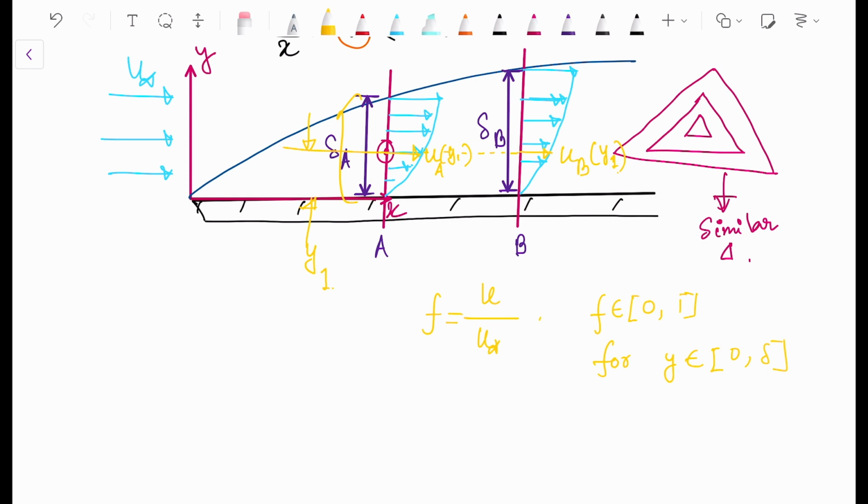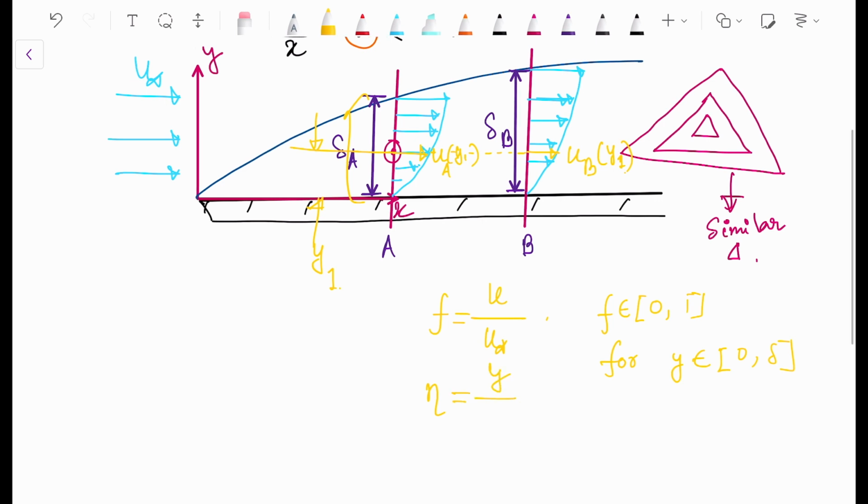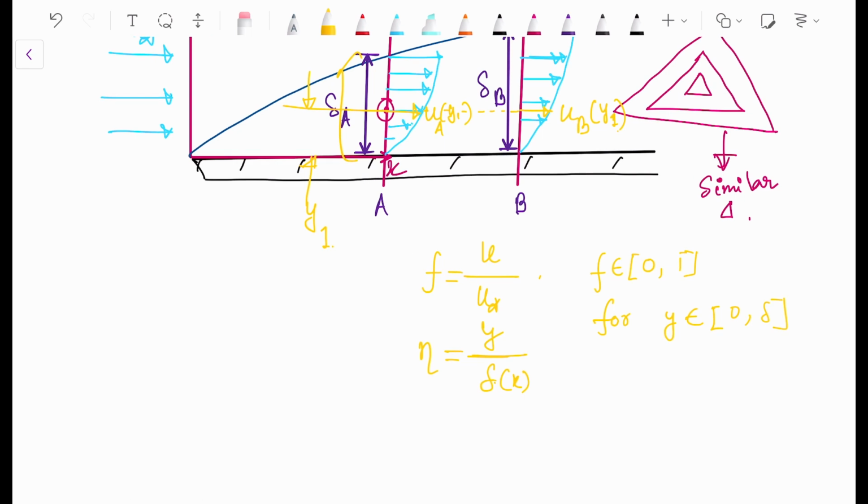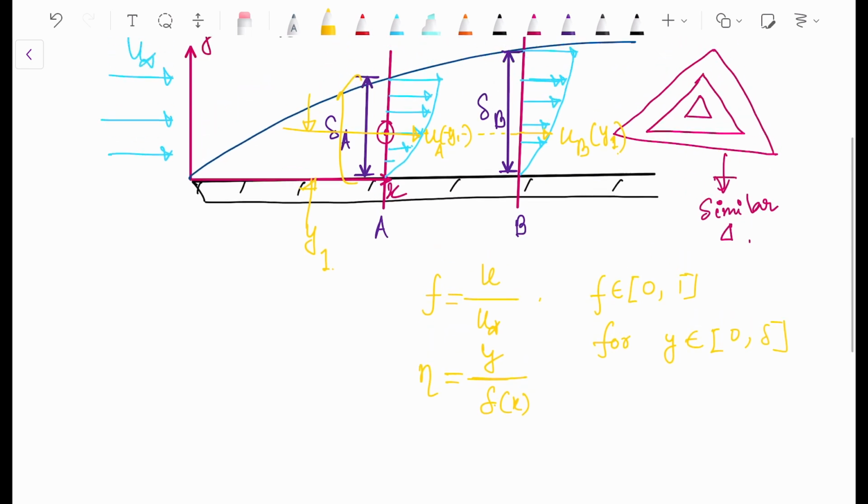And if I scale y with some variable eta, I am defining eta equals y by delta, the boundary layer thickness, which is obviously a function of x. So if I do this, then the range of eta will again be 0 to 1.